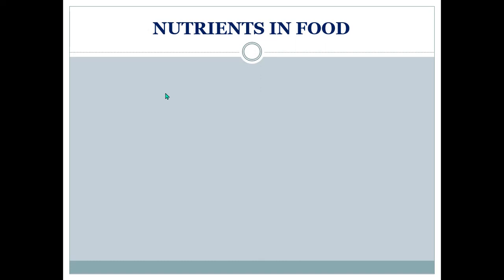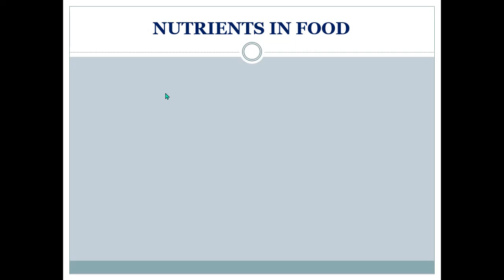Rice contains only one nutrient, that is carbohydrate. If we do not have different kinds of food, we cannot get all the nutrients which are required by our body for its growth and for its protection.